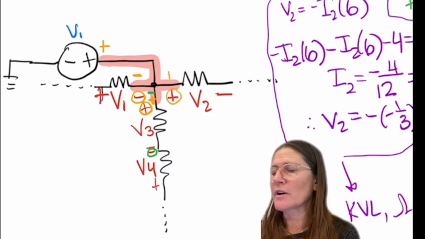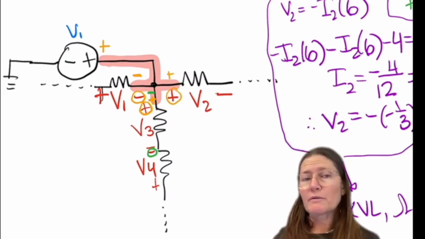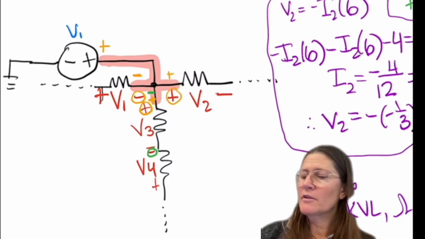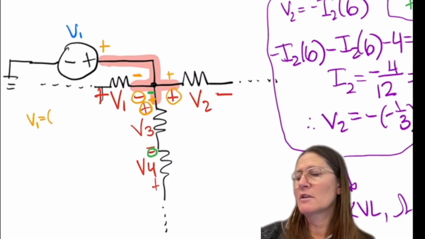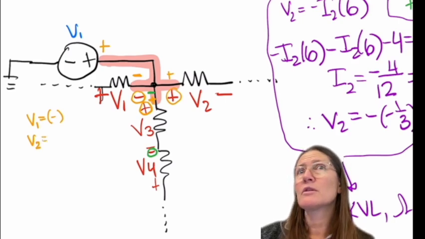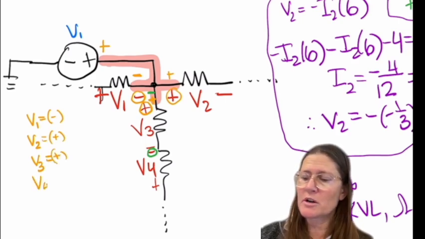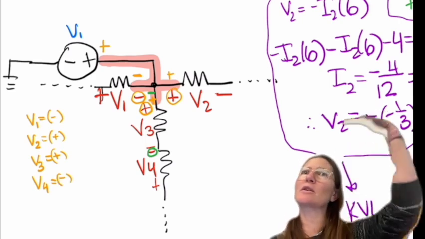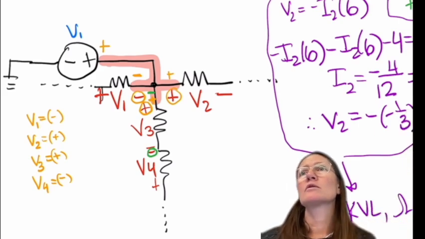And this one is also a positive. So if I do a voltage divider, what polarity should V1 be, plus or minus? This will be a minus polarity. V2 plus, V3, V4, that one would be minus. So even though it's not right next to it, it's the sign closest to the node where you know the voltage. Does that make sense?